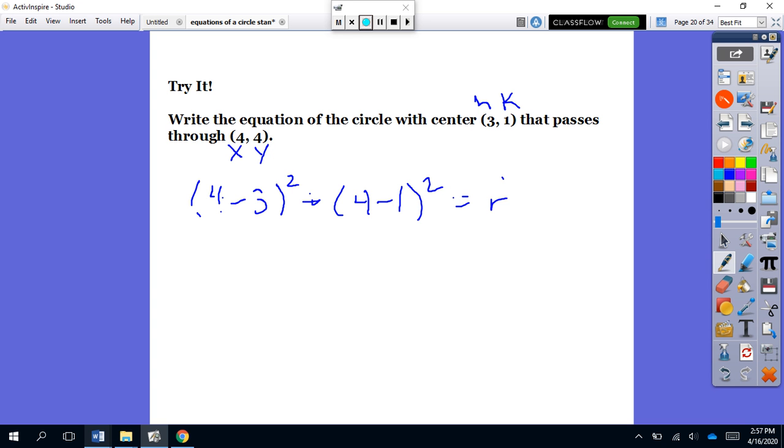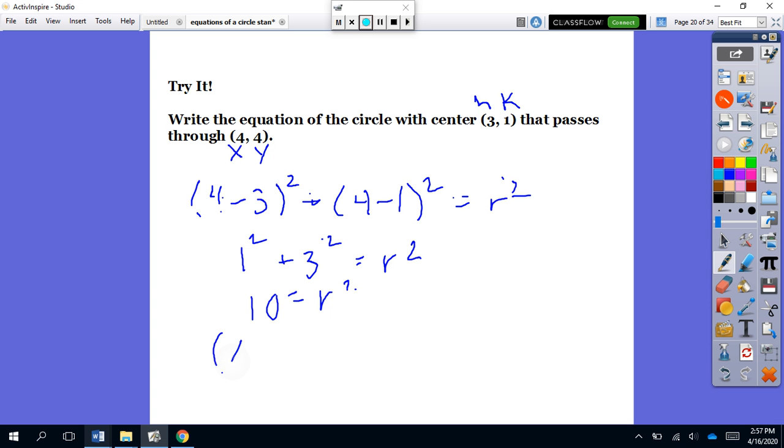That's r squared. 4 minus 3 is 1. 4 minus 1 is 3. So 1 squared is 1, 3 squared is 9, so r squared is 10. And you don't need to go square root of 10 because you need r squared for the equation anyways.